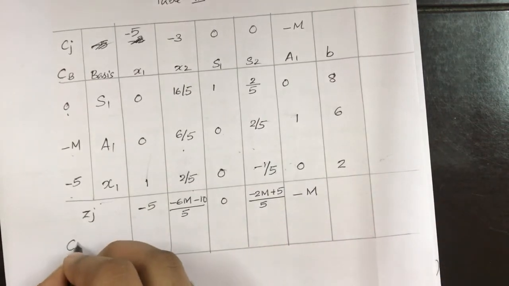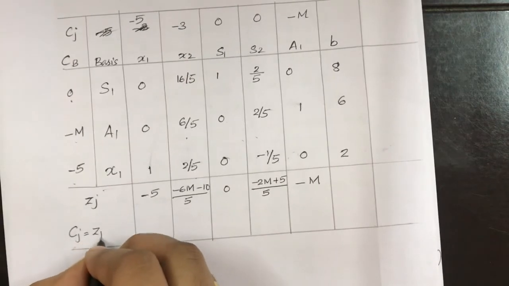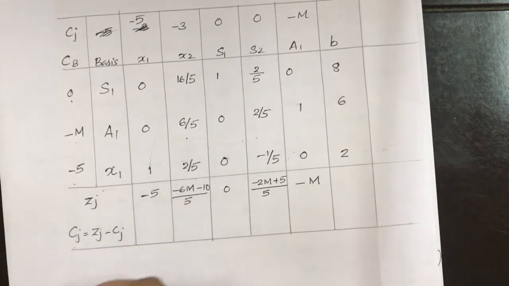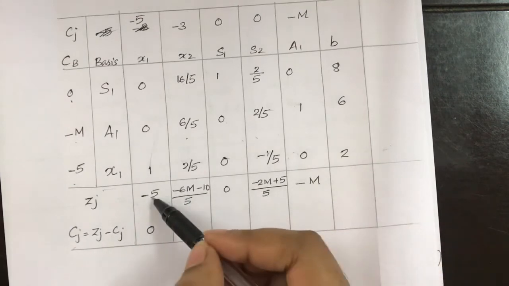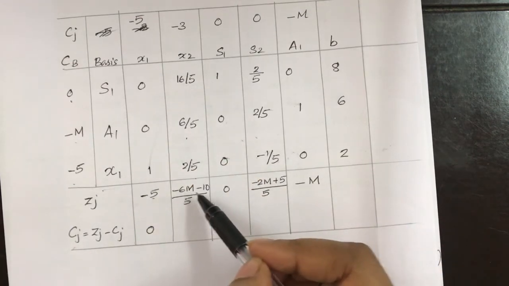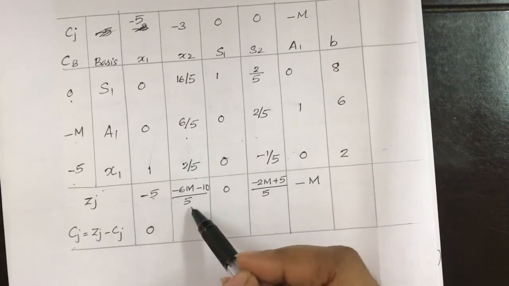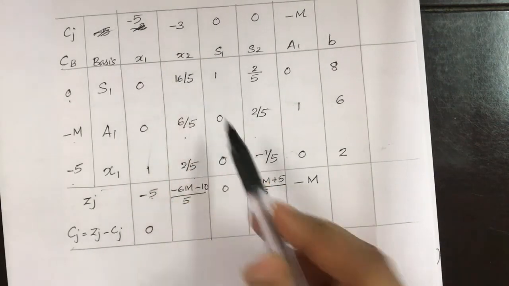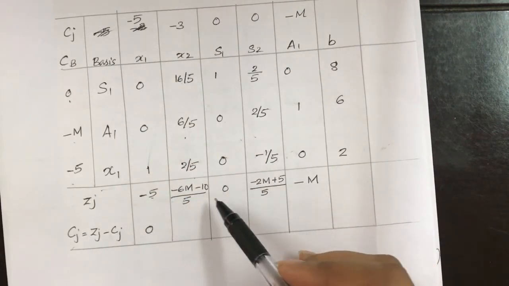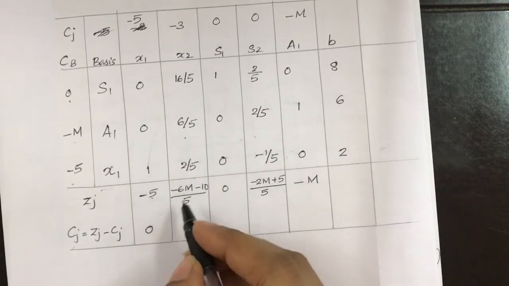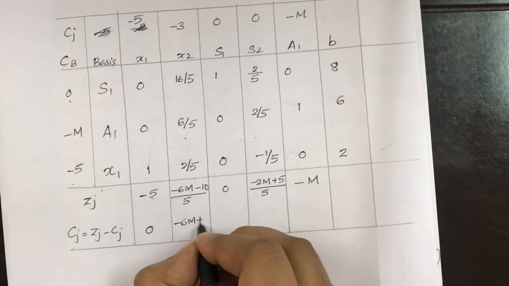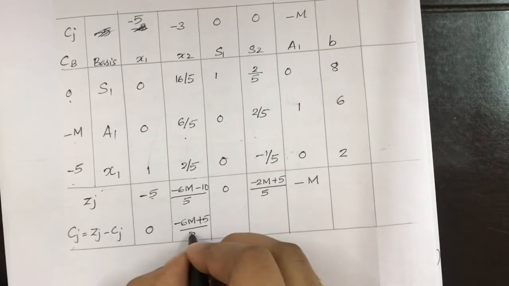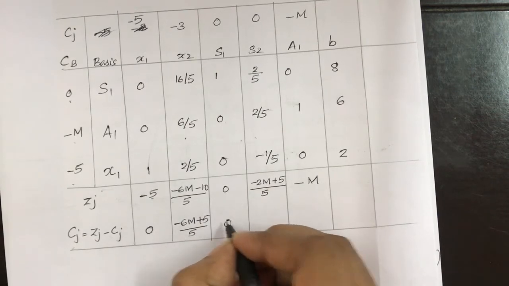Then capital Zj equal to Zj minus Cj. So Zj minus Cj values are 0. Then here -6m minus 10 the whole divided by 5 minus 3. Taking LCM as 5 and solve, we will get -6m plus 5 the whole divided by 5. Here it is 0.